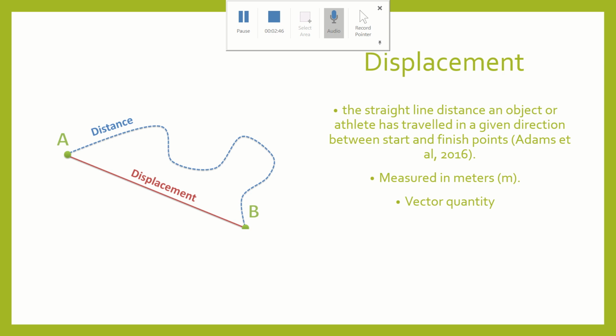For example, as you can see in this diagram, let's say someone has run a marathon, the distance would be 26 miles. However, the distance between the start and finish point could only be 13 miles. This is the displacement. Because displacement is a vector quantity, it does have a direction.